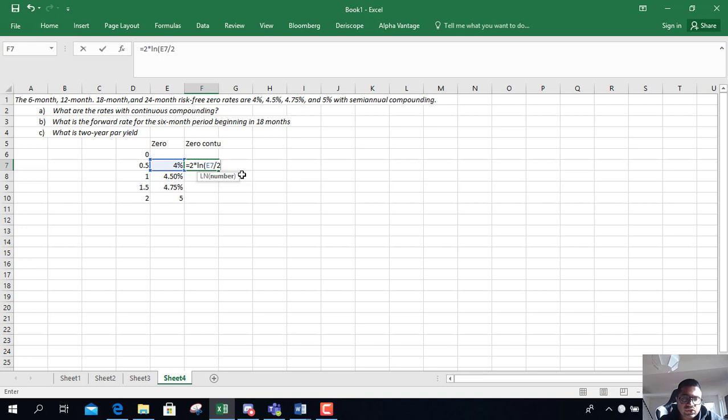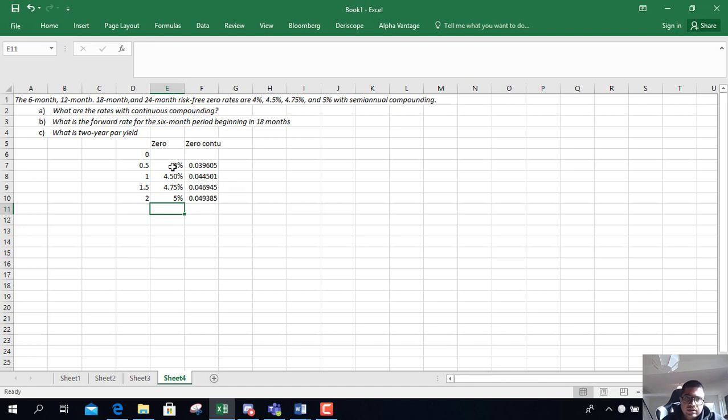So frequency into natural log interest rate divided by frequency again. Okay, sorry, that's why it went wrong. It should be 1 plus. So it is frequency into natural log of 1 plus interest rate divided by frequency. So this comes to 3.961. So if you do it for other rates, this should be 5%.